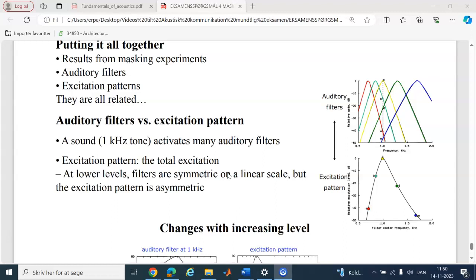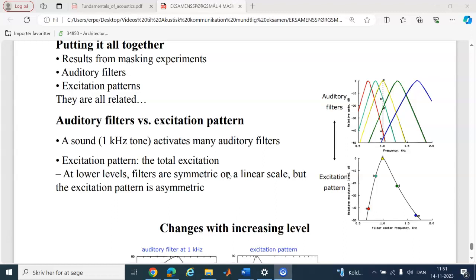So you have frequency on the first axis and the auditory filters' relative gain on the second axis. You draw all those auditory filters with different center frequencies. Some center frequencies are smaller than 1000 hertz and some are bigger.